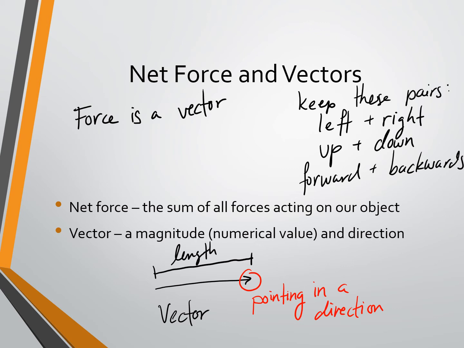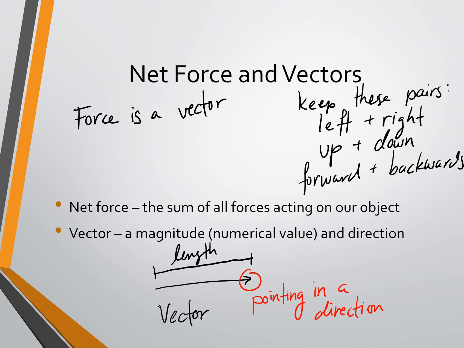So if something is moving left, the only other direction I'm going to have to think about is right. Those are the two directions that interact with each other. If I'm moving up and down, those are the only two directions that are interfering with each other.